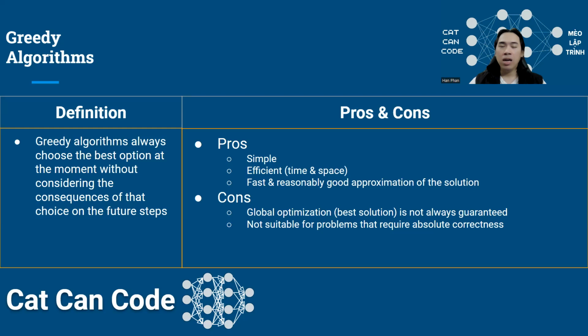Like I mentioned before, it doesn't need a lot of space to store the different options, different paths. It only chooses the available option at the moment, and it doesn't require a lot of computational time to take into consideration multiple options. Therefore, it's really efficient. It's fast, and the outcome is normally a reasonably good approximation of the solution.